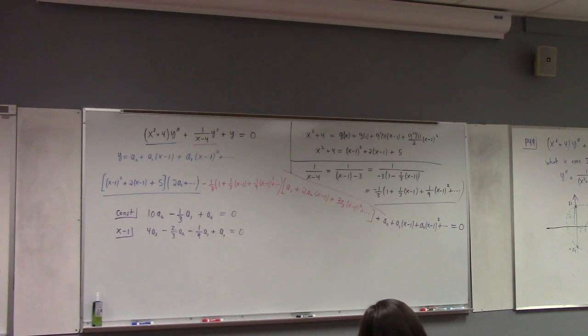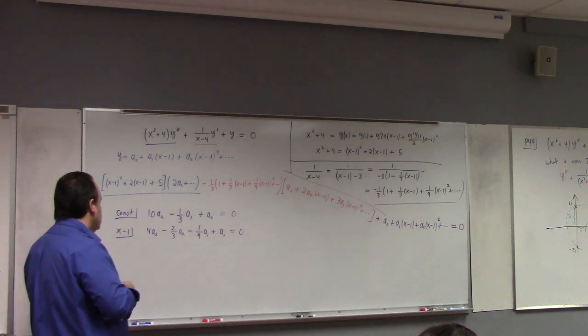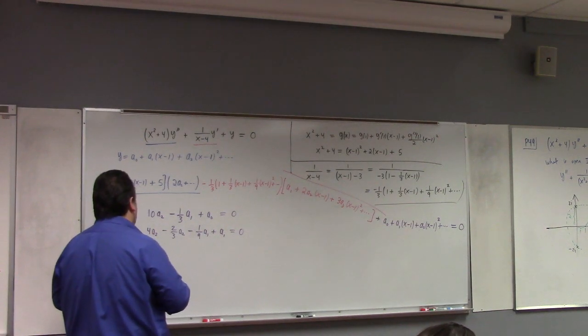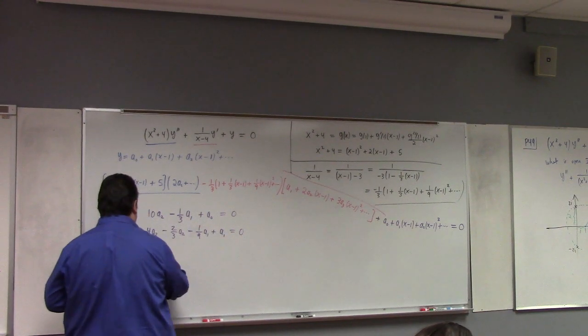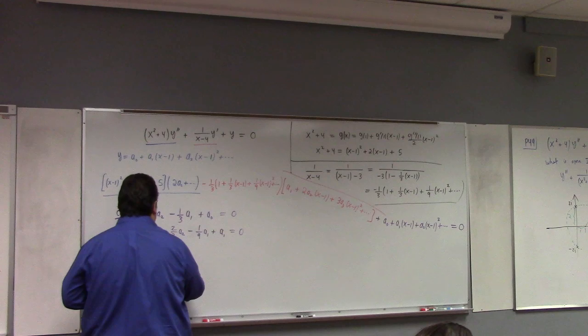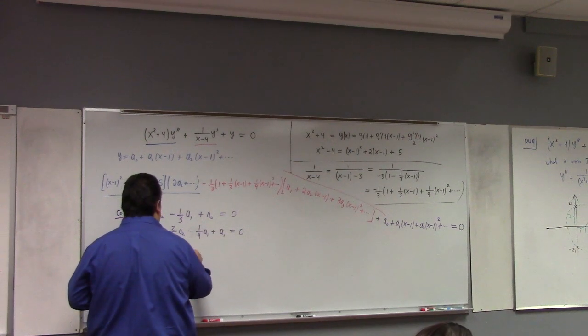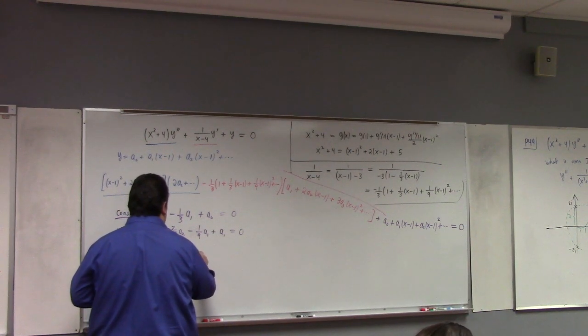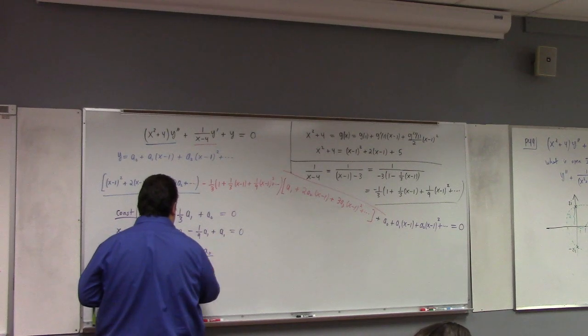Did I tell us anything else about this problem? Centered about 1. Let's see here. So, interesting. So a2 is equal to a1 over 3 minus a0, all divided by 10, right?